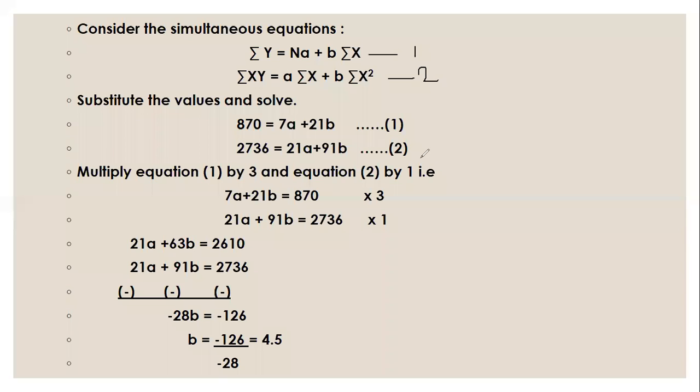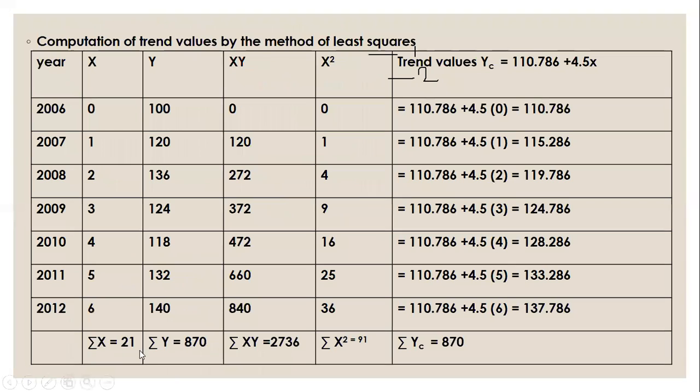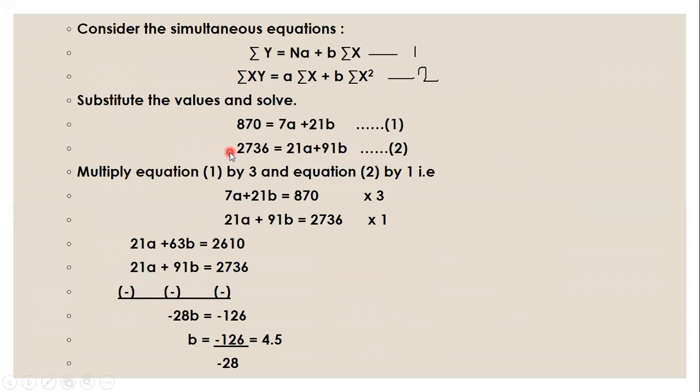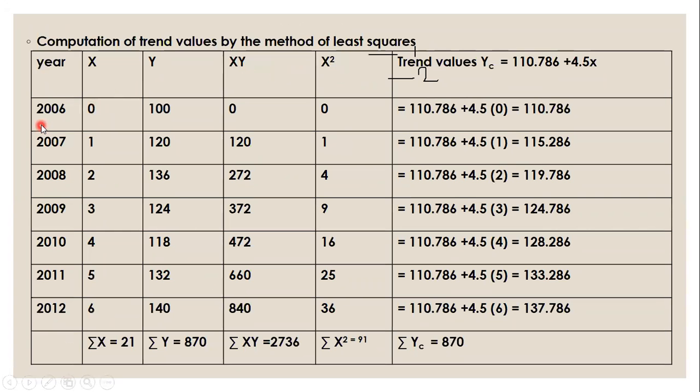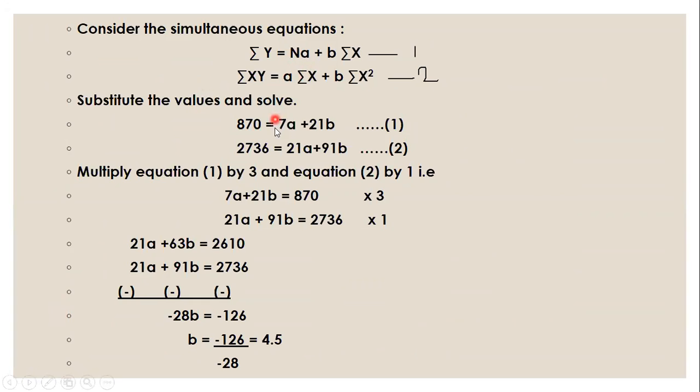Sigma y. What was sigma y? What did we find? Sigma y is 870. So we take that 870. Next, n. N is the total number of years that we have. So if you see 1, 2, 3, 4, 5, 6, 7, we have 7 years. So we will be taking 7, and a is a constant, so keep it as it is.